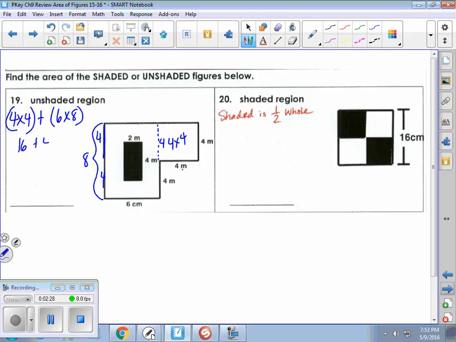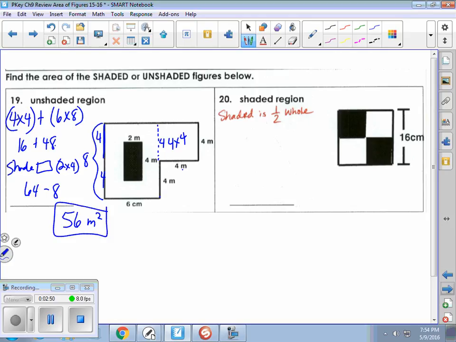So 16 and the 48. And then I take the shaded part, the shaded rectangle. That's my 2 by 4, which we know is 8. So basically, 16 and 48 is 64 minus my 8, which gives me 56 meters squared. Okay.